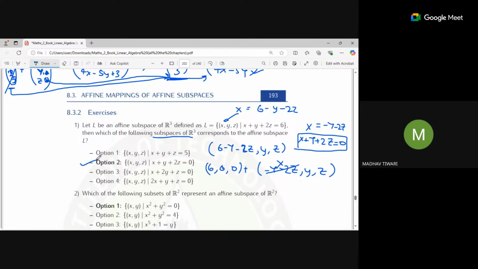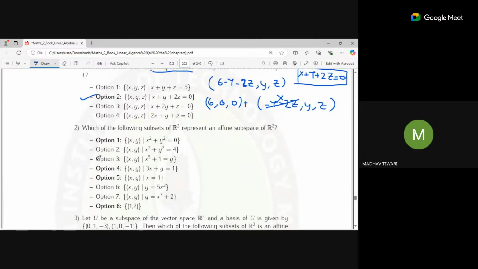Okay. So next is this question. This is a little bit confusing if you look at this part. Basically, it is saying which of the following is associated with an affine subspace.